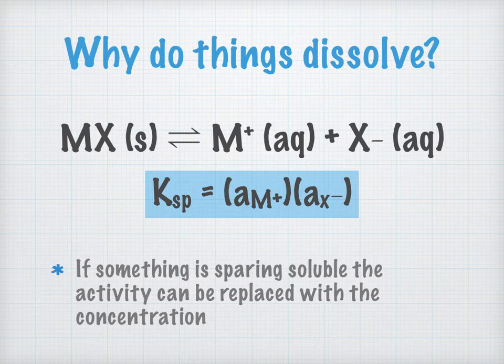So the activity of my products, and I don't have any reactants in this because my reactants are a solid, and the activity of them is 1. So I can forget those completely. So I have my activity of my products raised to their stoichiometric amount. Now, if something is sparingly soluble, in other words, if it doesn't dissolve very well, then I can replace activity with concentration.